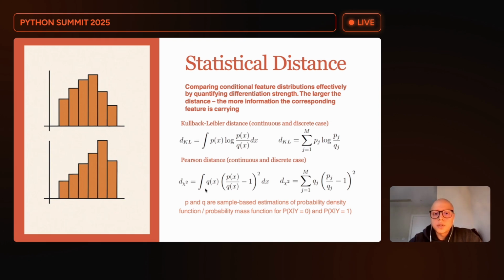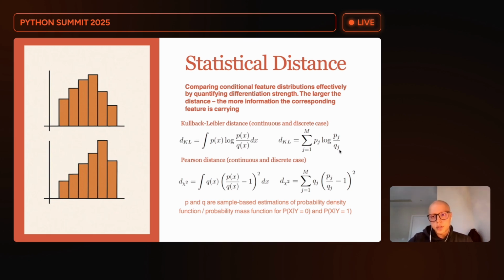So in the continuous case, you need to calculate some approximate integrals. In case of probability mass functions and discrete features, you can calculate just some sums. Here, Pj represents the probability of the feature taking value j, for example, within the group y equal to 0, and qj the same thing, but within the group y equal to 1.